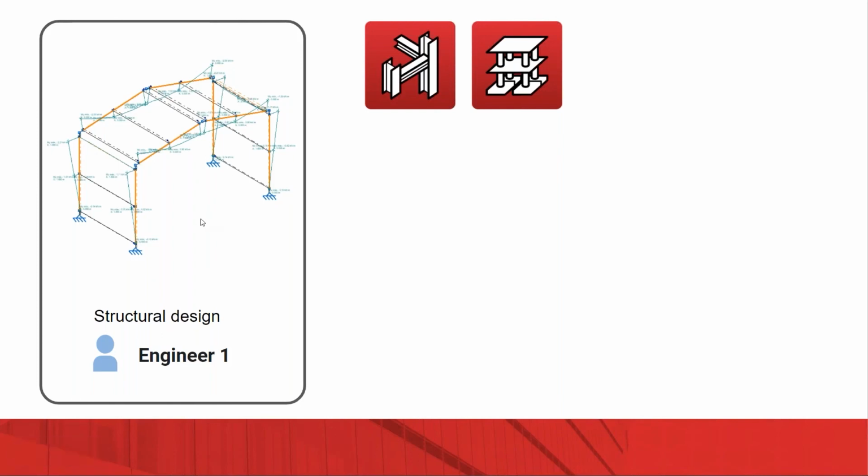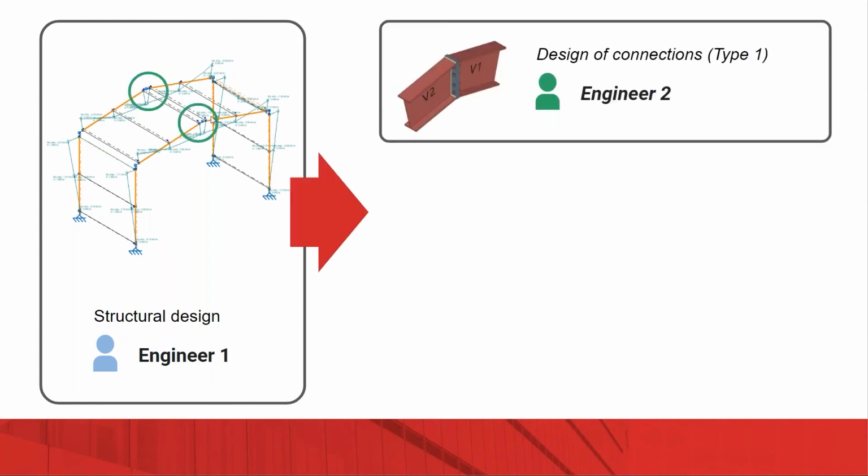And let's imagine that this is engineer number one that is doing that. If you are using our software, you can do that in CYPE 3D or CYPE CAD, as I said before. This is not the subject of this presentation, but if you look for that on our website or ask in the chat, I'm sure you can receive more information about the software too. In a second moment, let's imagine that this structure must be designed, and we have different connections here.